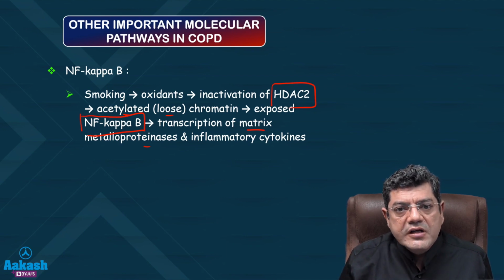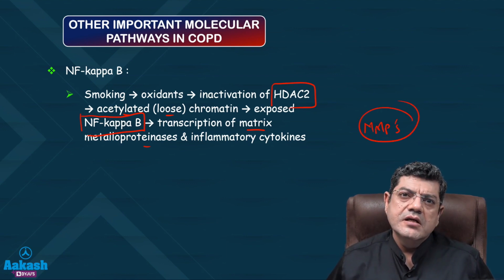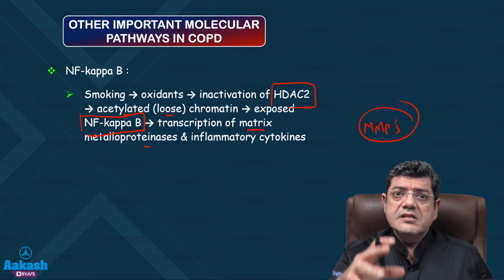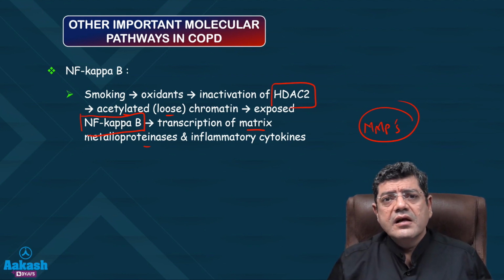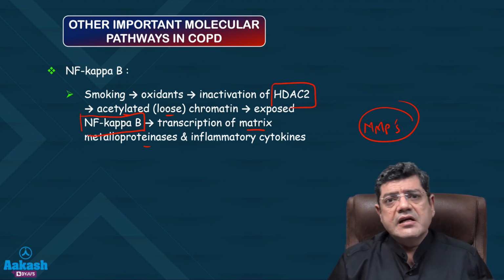Matrix metalloproteinases and cytokines, which are not normally produced in such high quantities in normal individuals, start to get produced in very high quantities. Now this is a genetic change. So it's occurring at a very basic level.